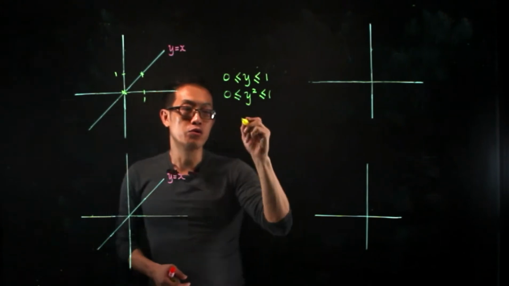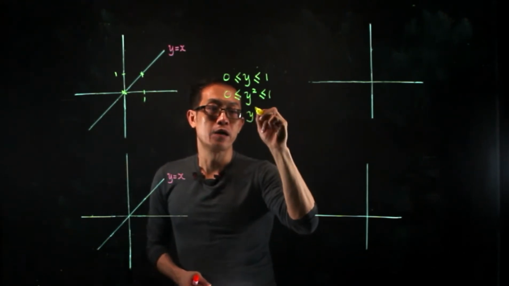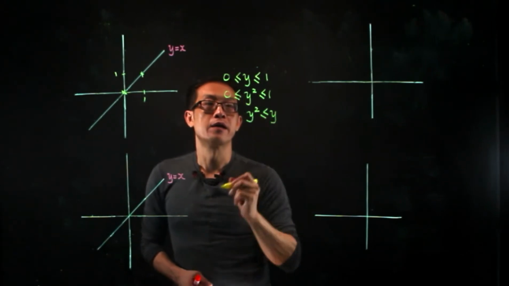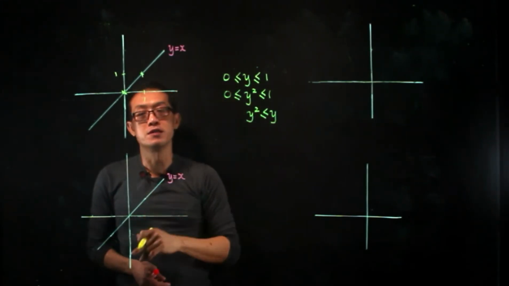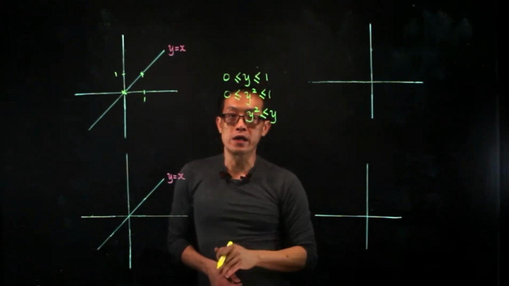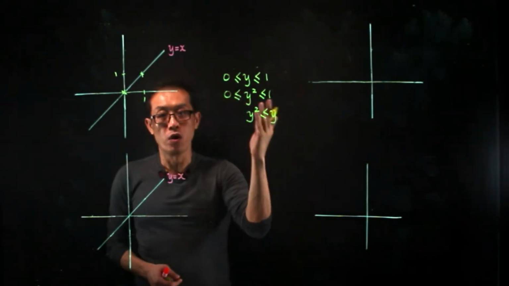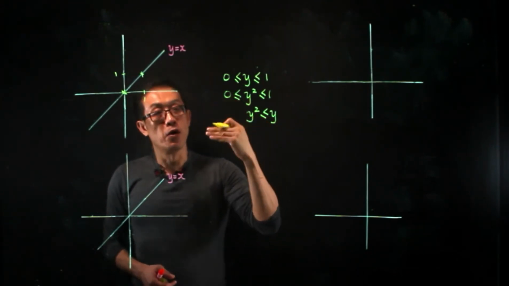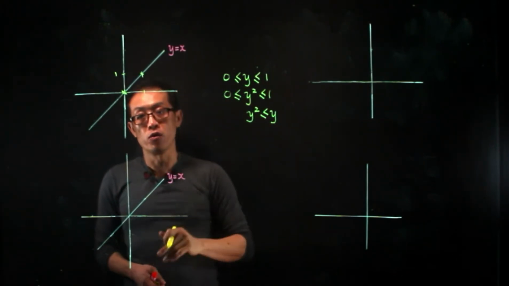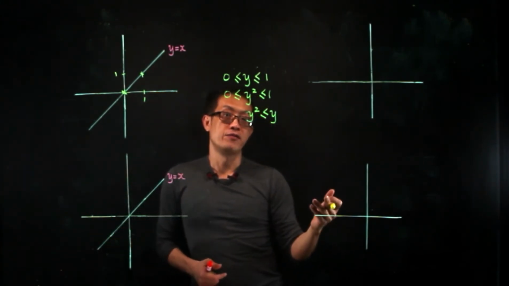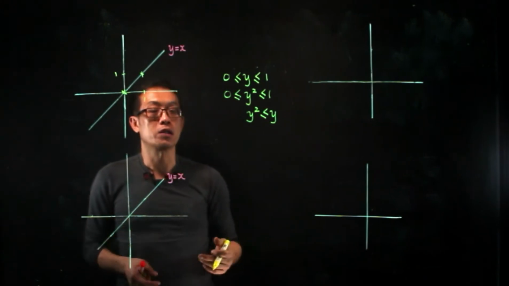But you realize that y squared will always be smaller than y if y is between 0 and 1. It will be equals to y if y is 0 or 1. Take for example, if y is half, y squared will be a quarter.